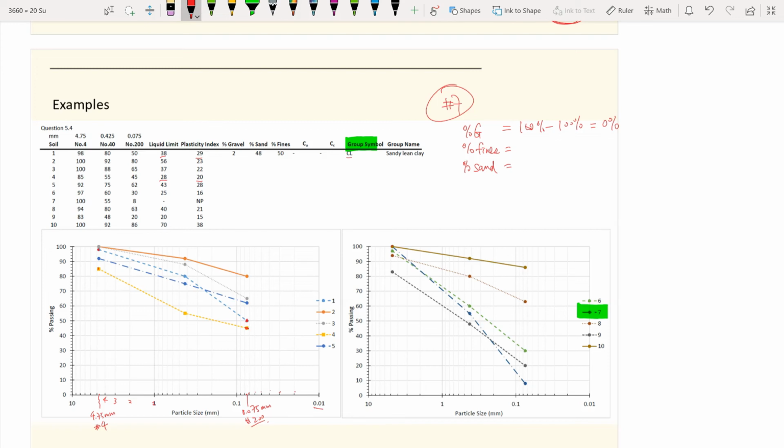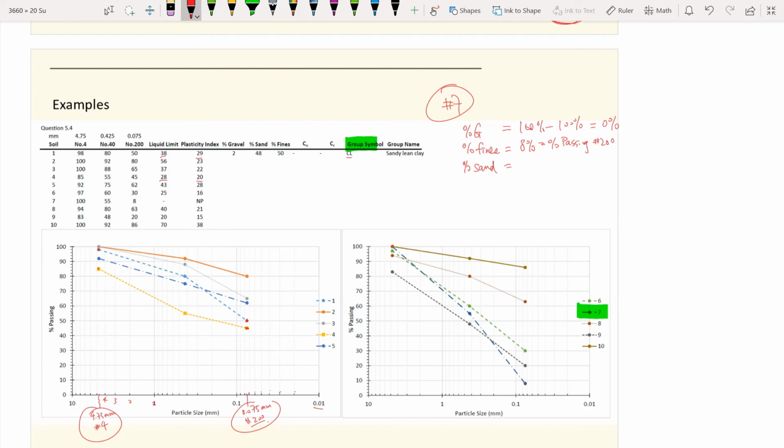The next is we look at percent fines. This is the number 4 sieve, and this is the number 200 sieve. For example number 7, we have 8% passing number 200, so the percent fines is 8%, because this equals the percent passing number 200.